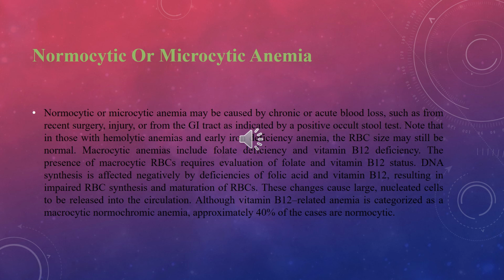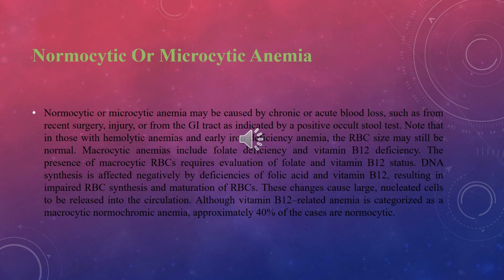The rate of destruction is faster than production. In hemolytic anemia, the RBC size may remain normal. Normocytic or microcytic anemia is caused by chronic and acute blood loss, either by any injury or any surgery.